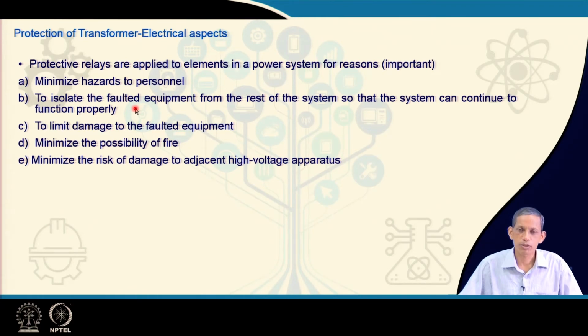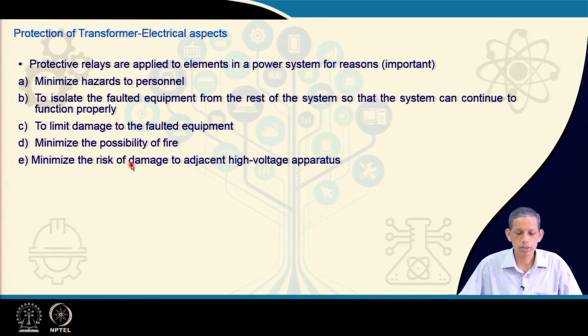If the fault persists more time, stability may be an issue if it is in a very high voltage system. To limit the damage in the faulted equipment, that is the transformer here, the sooner the fault is cleared, the better it is. Minimize the possibility of fire. The transformer is associated with transformer oil, and there are many examples where it may burst and lead to fire, and then the whole substation may be in trouble.